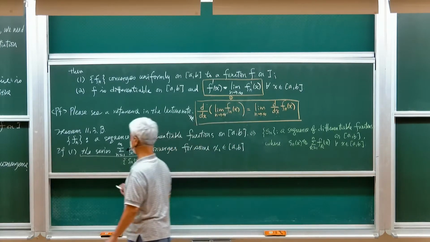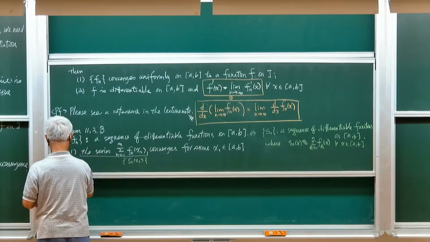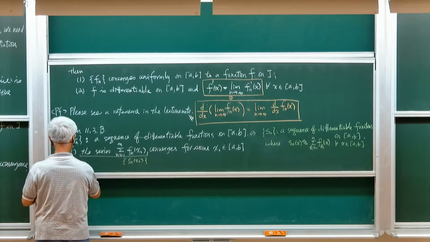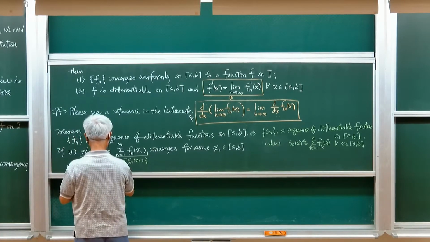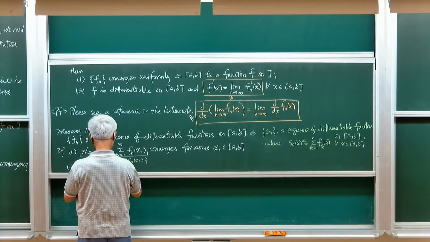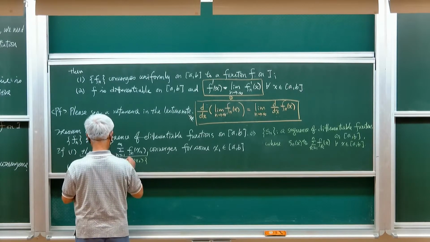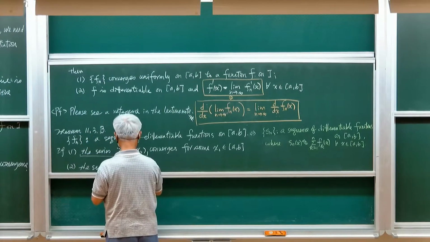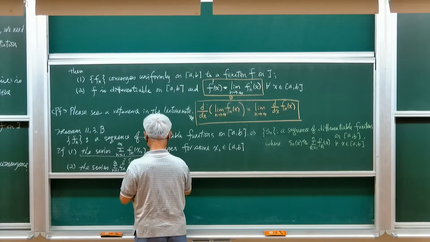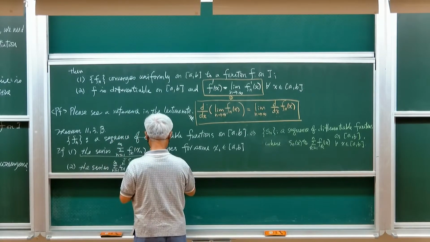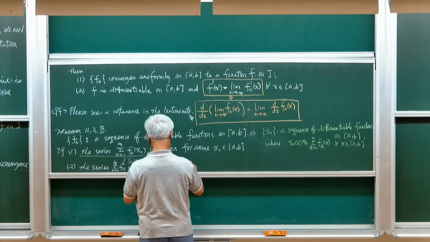And second, the series summation n from 1 to infinity of fn prime converges uniformly on AB.